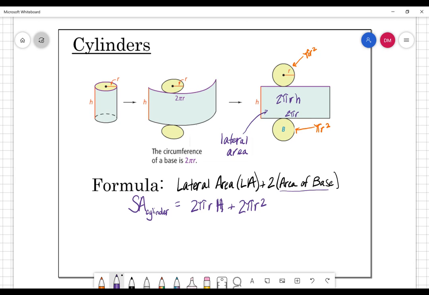So this is our specific formula, and I'm going to see if I can make this a little bit better so we can read it. Our surface area of a cylinder is our lateral area, which is 2 pi r h, plus 2 pi r squared.